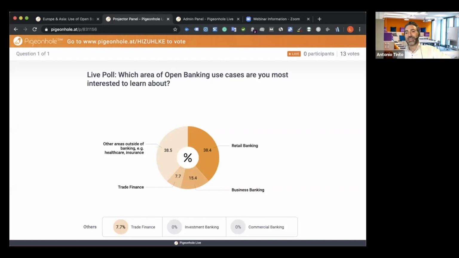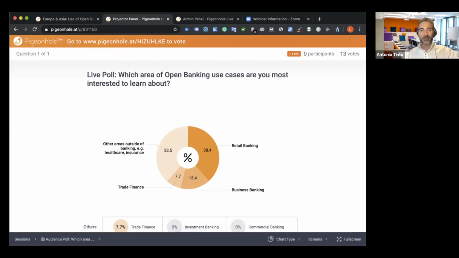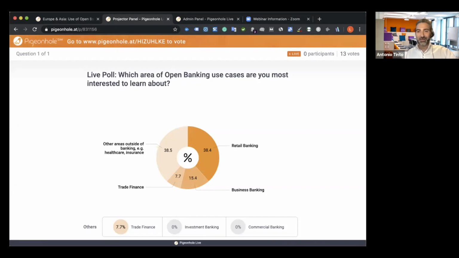Really explaining what's the value for the bank to open this API and let the ecosystem leverage it. It's a very interesting view, and fascinating to see other use cases. I was actually going to look at our poll here today, looking at what the attendees are looking to hear more about in terms of use cases.